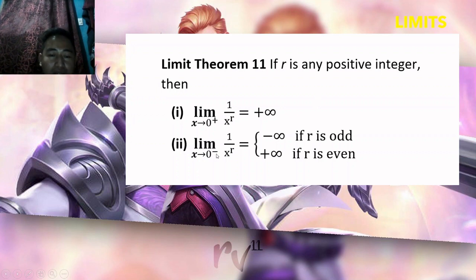Now 0 from the left. The limit is negative infinity if r is odd. Of course, if we approach 0 from the left, the numbers are negative. So with r an odd number, the power of a negative number stays negative, and 1 over a negative is negative infinity.